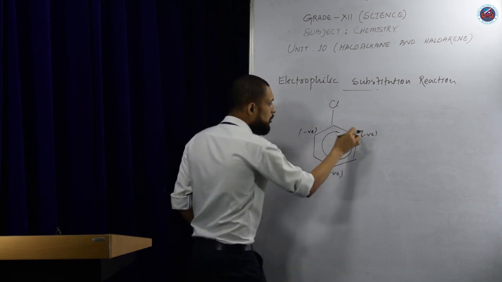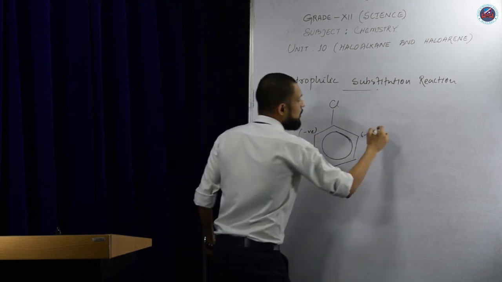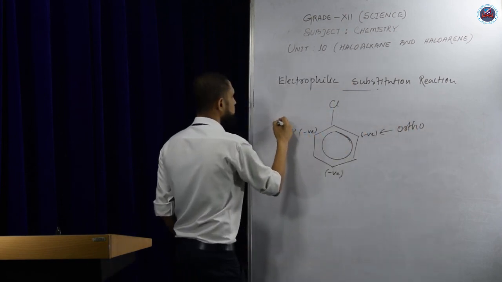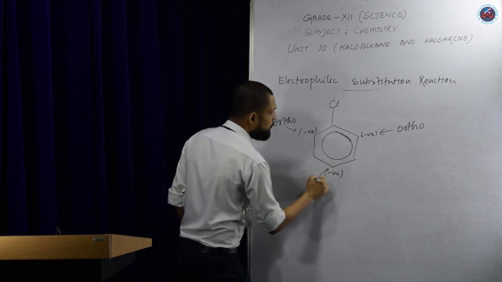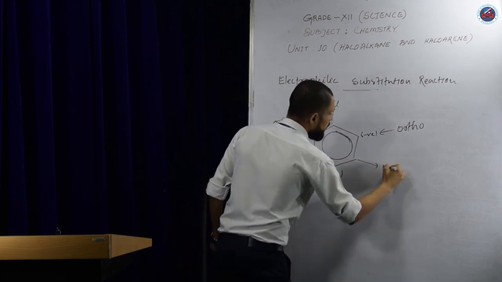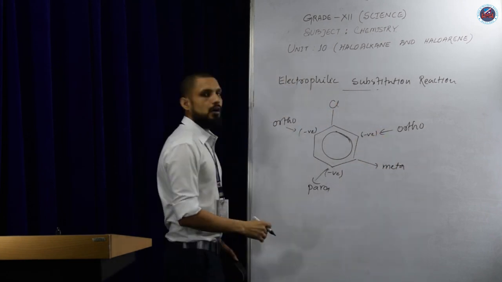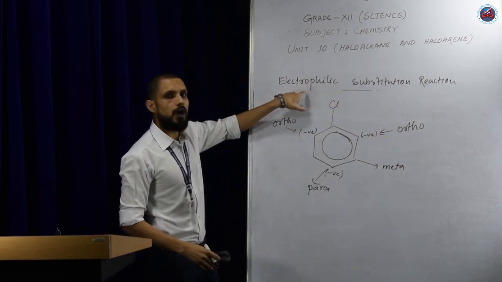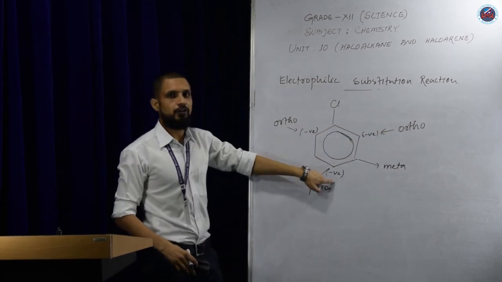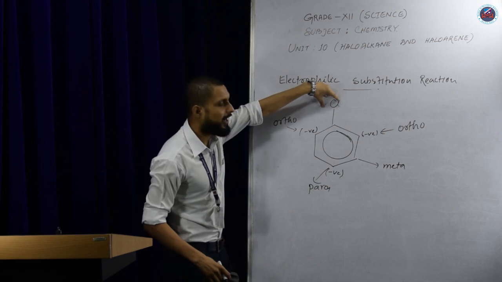So carbon 2 and carbon 6 represent the ortho position, whereas carbon 4 is the para position. 3 and 5 are known as meta. So the electrophiles are ortho and para directive if we have a halogen atom present here.